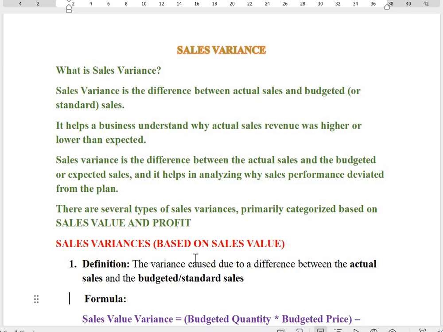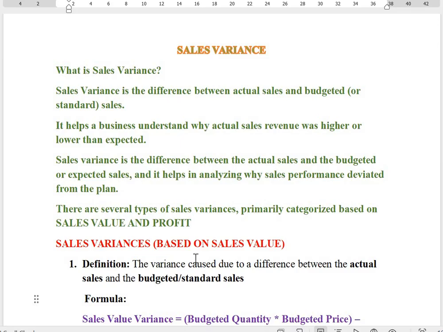The main purpose of sales variance is to know the reason for the difference between the actual sales and the budgeted sales. Whether the difference is positive or negative, in both cases we have to know the reason. For that purpose, sales variance is very useful in reality.